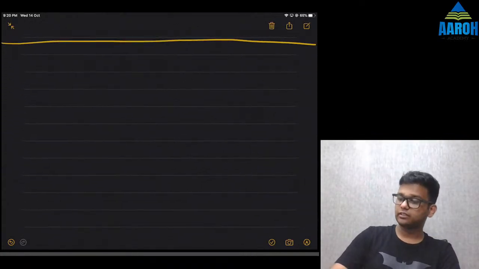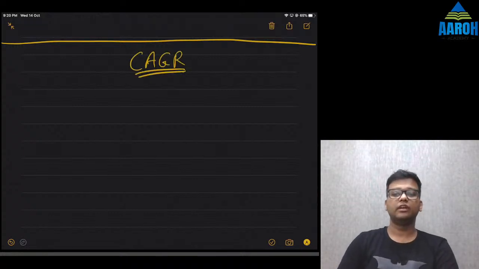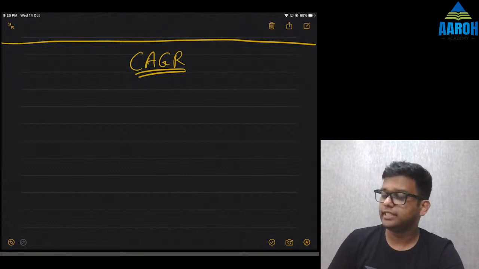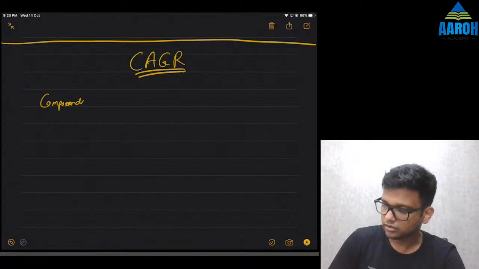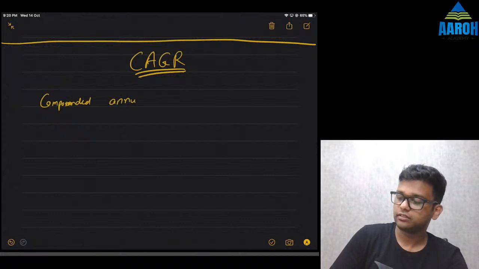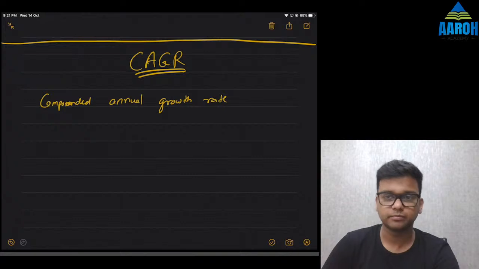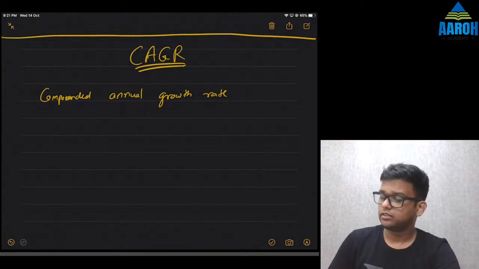Next, last concept of the chapter is CAGR. Let's see what is CAGR. CAGR is compounded annual average growth rate. How do we find CAGR?